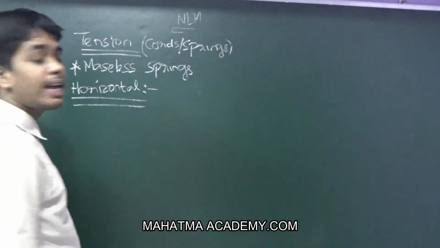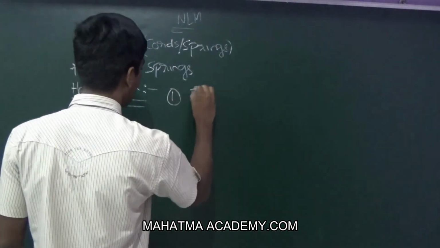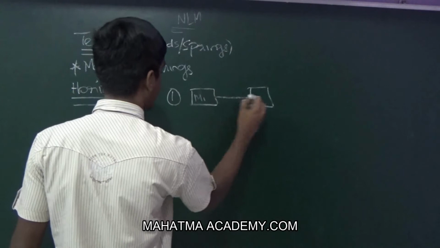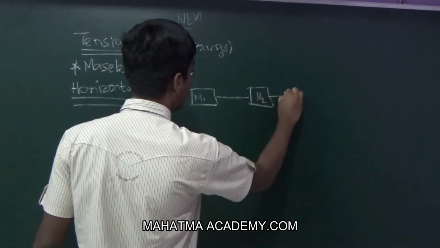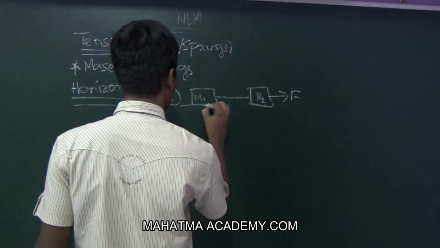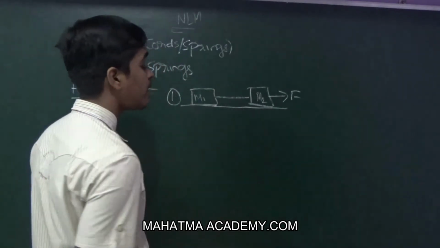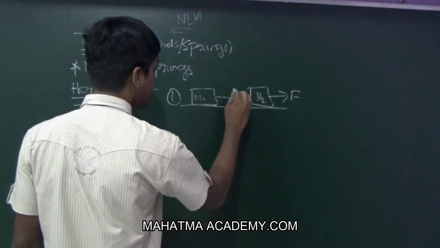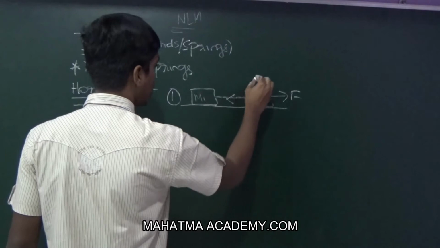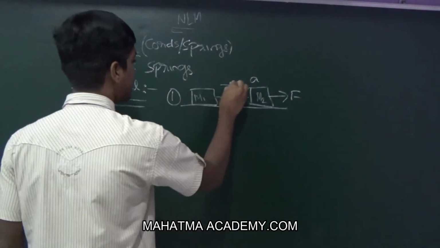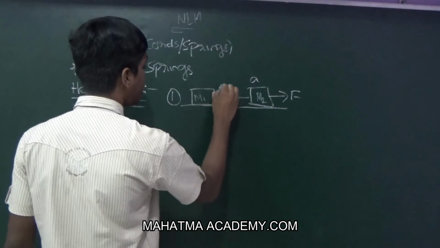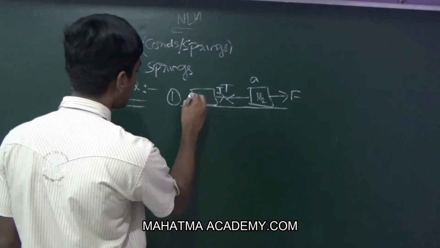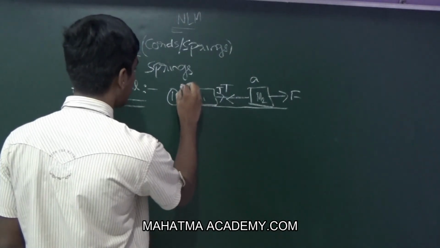First, we are going to take two blocks having mass m1 and m2 pulled by a force F, having the same acceleration A. From Newton's law, we can find the acceleration A. It is T, it is also T. Now there is no force acting, 0.